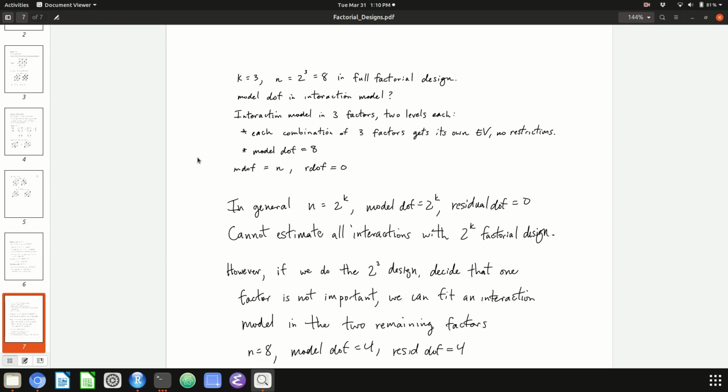So the way the data usually get analyzed here is we run a full factorial design or a fractional factorial design. We fit an additive model, so we'll usually have enough degrees of freedom to estimate all the parameters in the additive model. We try to figure out which variables are unimportant, and then we delete them or screen them out, and then rerun the fit for the remaining variables.